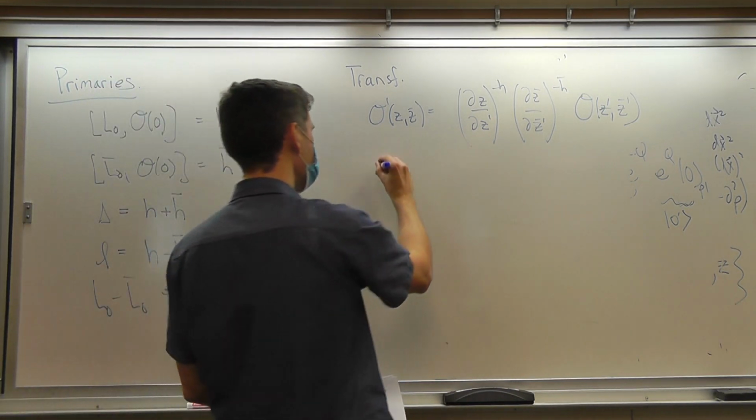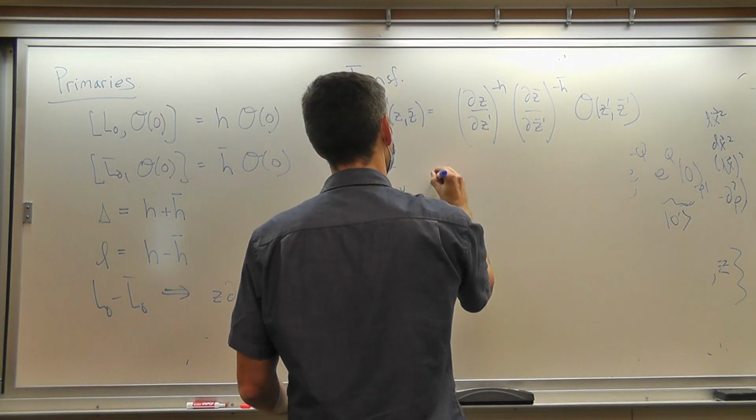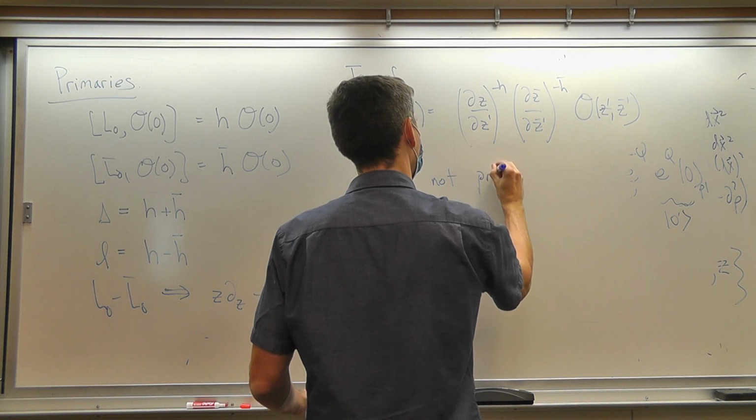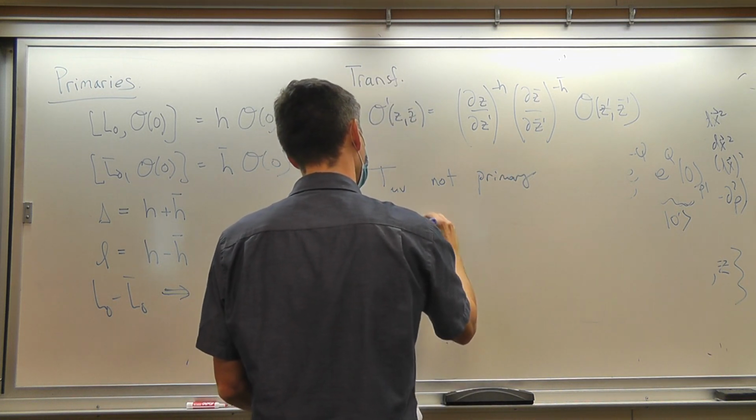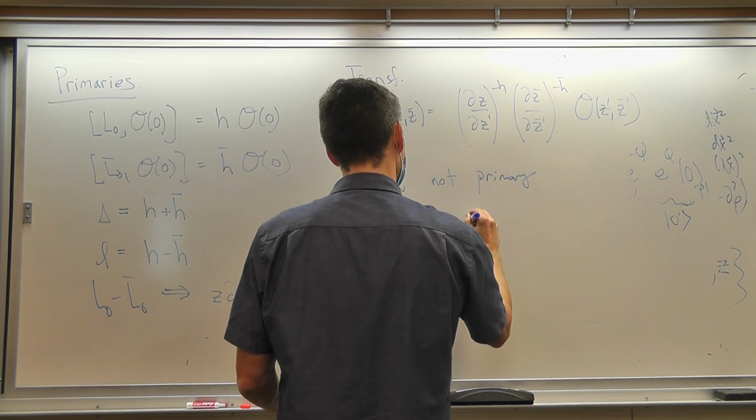So T mu nu is not primary. It is what's called quasi-primary.